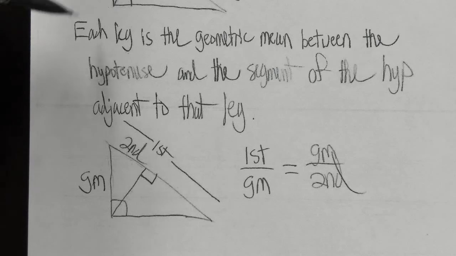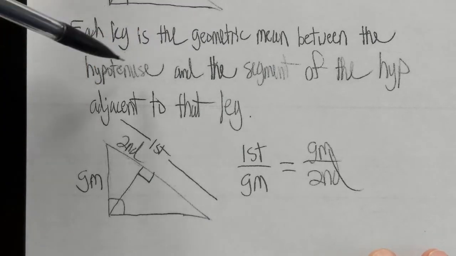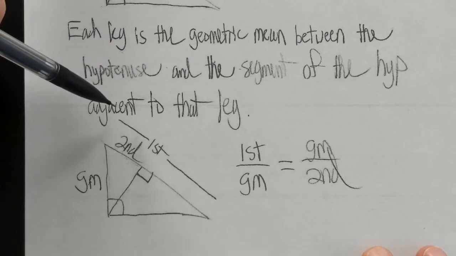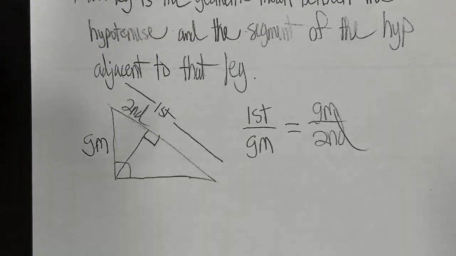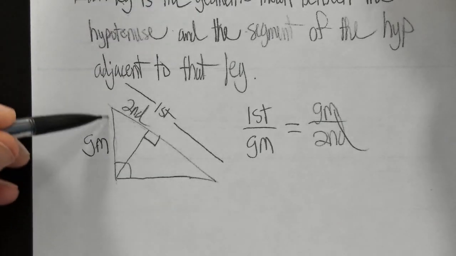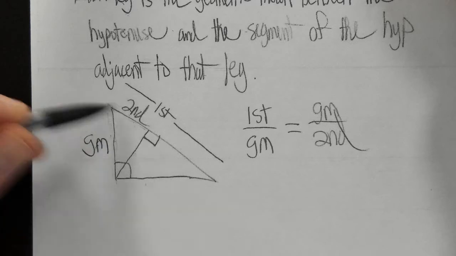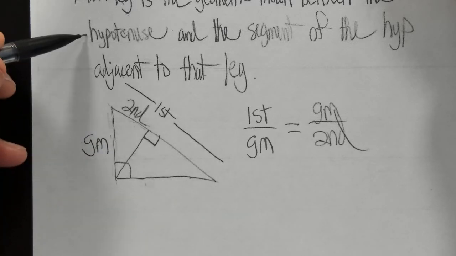Okay, so there's a second theorem. It says each leg is the geometric mean between the hypotenuse and the segment of the hypotenuse adjacent to that leg. So let's see what that theorem says. Each leg is the geometric mean. So the leg, remember you got legs and a hypotenuse, the leg is the geometric mean between the hypotenuse.